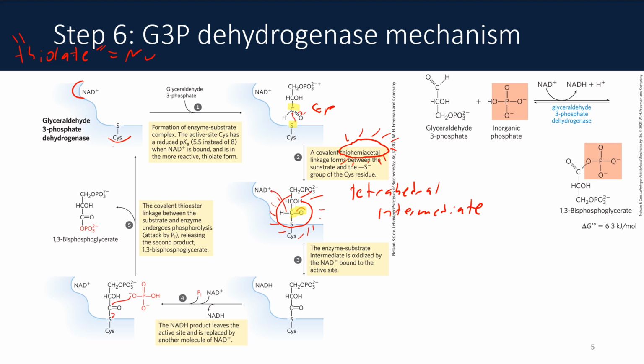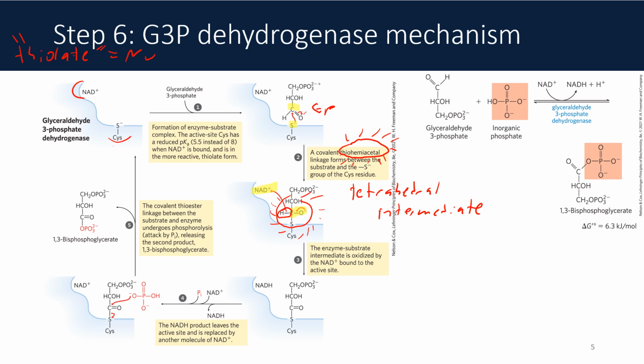And NAD+ will coax the breaking of the CH bond, not something that's normally easily done, and this will be effectively a hydride transfer, moving that hydrogen and its electrons onto our NAD+ coenzyme.